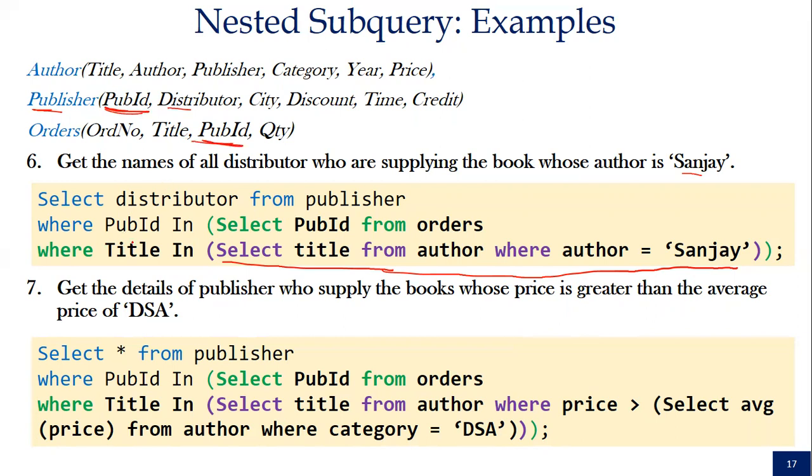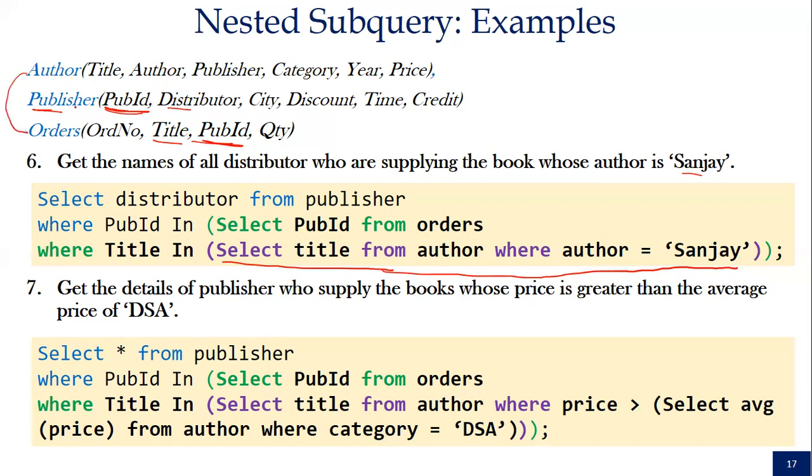So here where pub id in, we have to return the pub id of the author, whose pub id is provided by the author Sanjay. You can merge pub id and title, as title is used for combining the author table and order table.